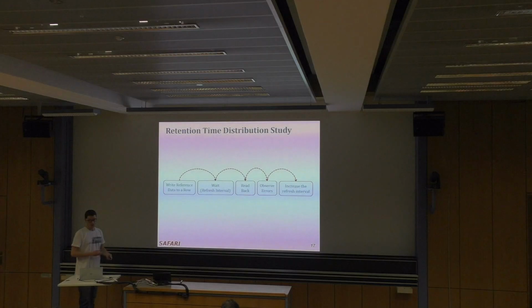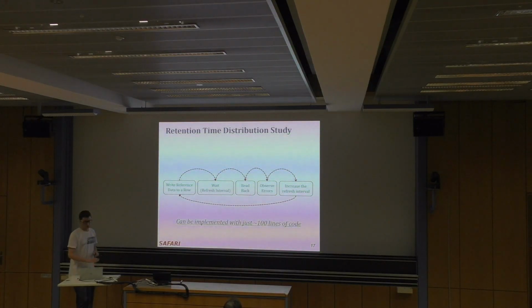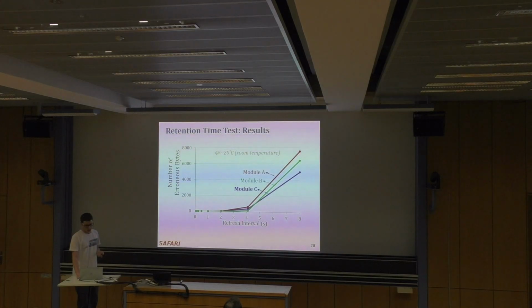And we repeat this by increasing the refresh interval, so we can have a good look at how many cells can retain data for how long. This entire test routine can be implemented with approximately 100 lines of code.